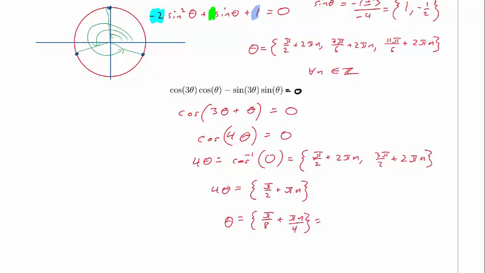And let's just go ahead and combine those two fractions while we're at it. So we have pi over 8 plus 2 pi n over 8.